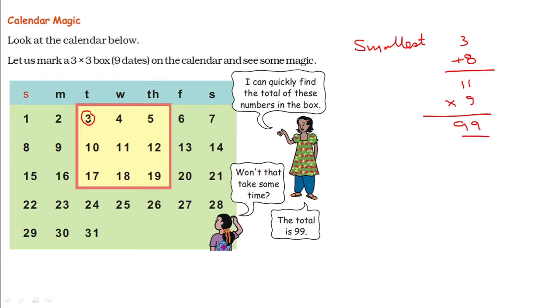Means sum of these numbers is 99. So this can be calculated either by adding each number or by calculating this smartly.